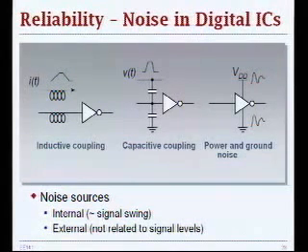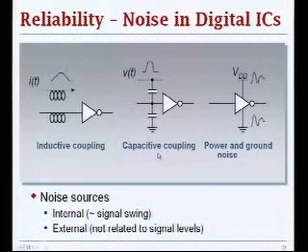So we normally express these internal noise sources in terms of a percentage of the desirable signal swing. In addition, you have external noise sources that are not related to your signal levels. Those noise sources are typically expressed in terms of a fixed amount of voltage and a fixed amount of current that is present in addition to your useful signal.